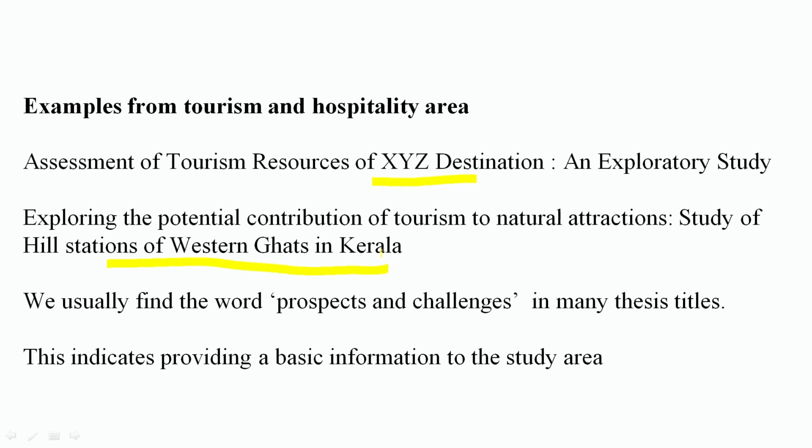So, let me give you the hypothetical result of this study. I am just assuming, for example, Munnar, one of the very popular hill stations in Kerala. Most of the tour itineraries include Munnar. It has tea plantations, it has a lake, and it is blessed with very good weather, and the scenic beauty is incredible. So, for my parameters, I do not have any clear-cut idea how to conduct the study.